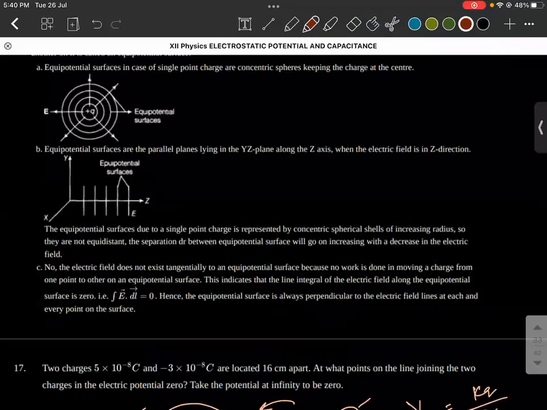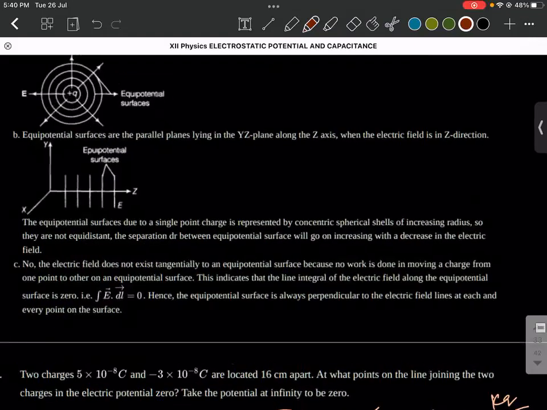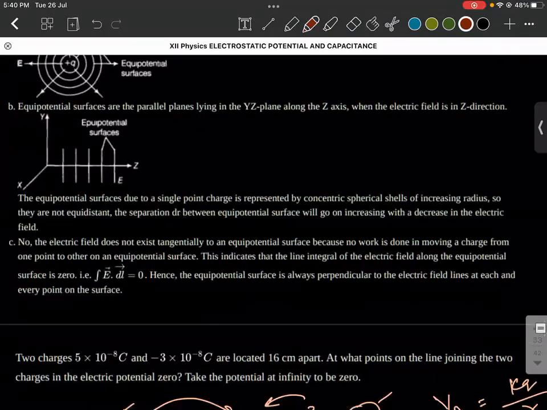So please make a note of this point. They are not constant. As the radius is increasing, the radius will increase in accordance with the decrease in electric field. That is the keyword they expect.